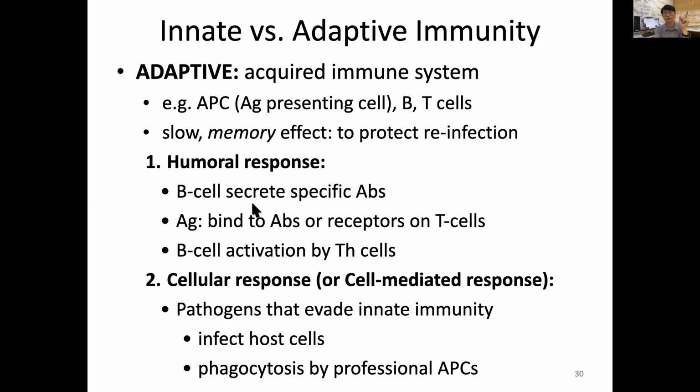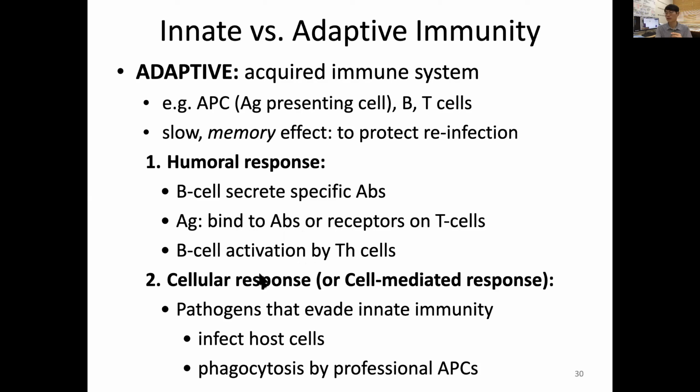Specific means specific against those antigens recognized by our antigen presenting cells. So that antigen binds to antibodies or receptors on T cells, and then that specificity will activate B cells by T helper cells.